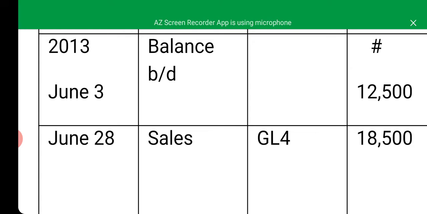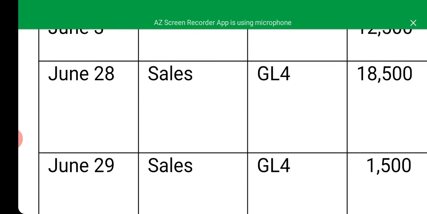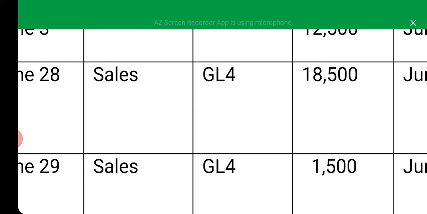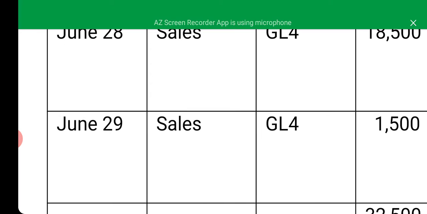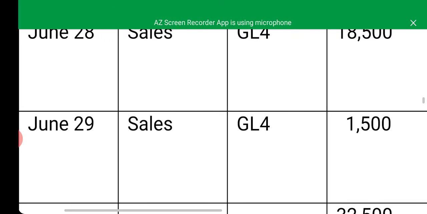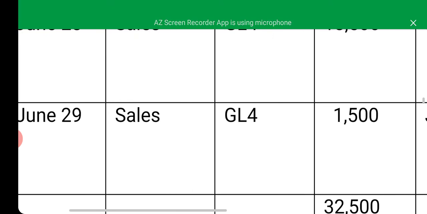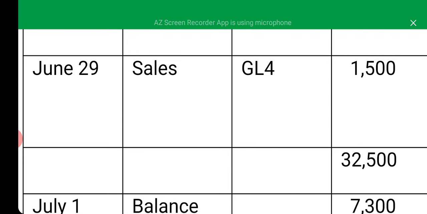That is the amount brought from the previous accounting year. So June 28th, sales of 18,500 naira was made, and this information was got from General Ledger page 4, GL4. So on 29, another sales was made, and the information was brought from General Ledger 4 as well, and the amount is 1,500.